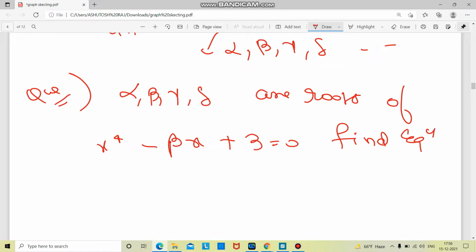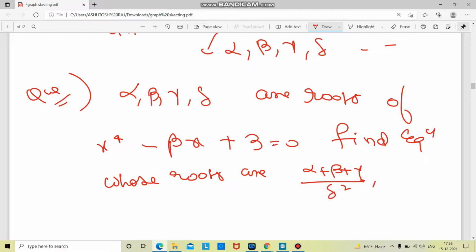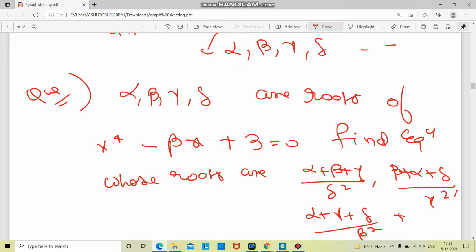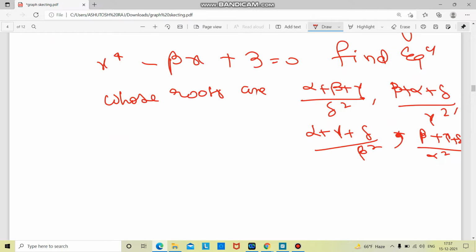Find the equation whose roots are alpha plus beta plus gamma by delta square, beta plus alpha plus delta by gamma square, alpha plus gamma plus delta by beta square, and beta plus gamma plus delta by alpha square.